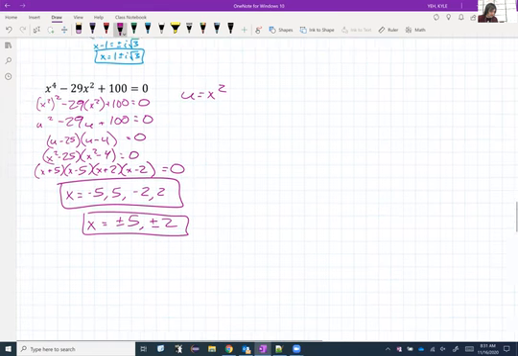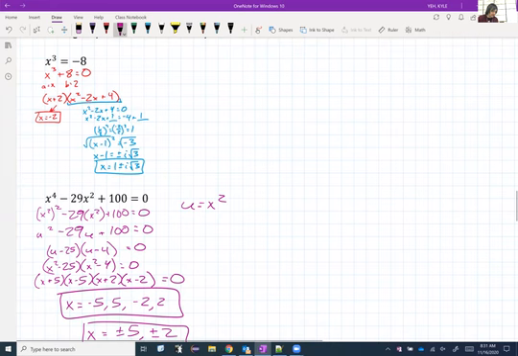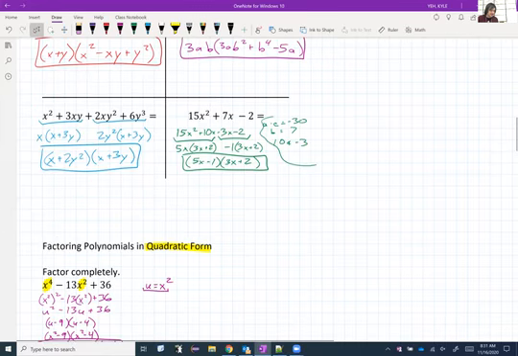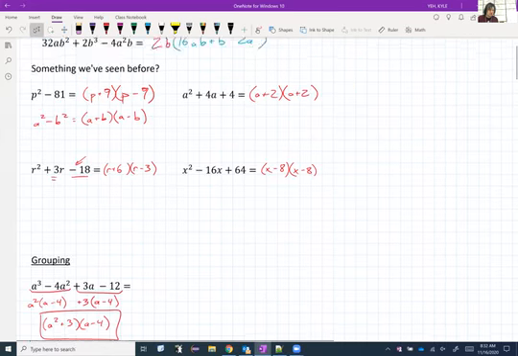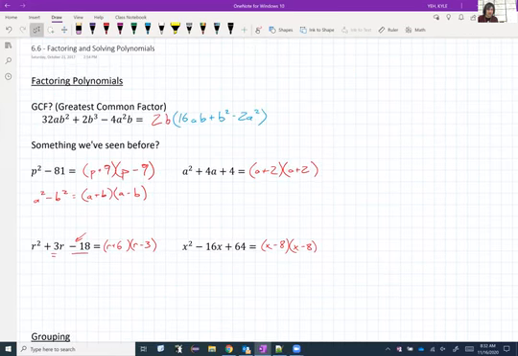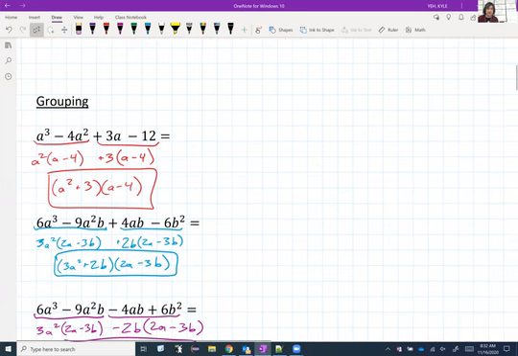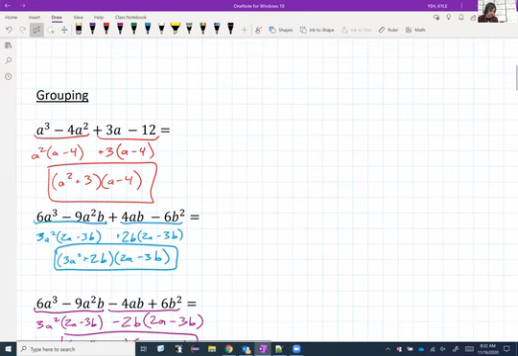So guys, I know this was a lot of problems thrown at you in this video, and it ended up being kind of long, but these are the kinds of strategies and skills we now have to factor and solve higher ordered polynomials. We started out with things we've seen before, including grouping, but grouping now in an a cubed sort of sense for cubics.